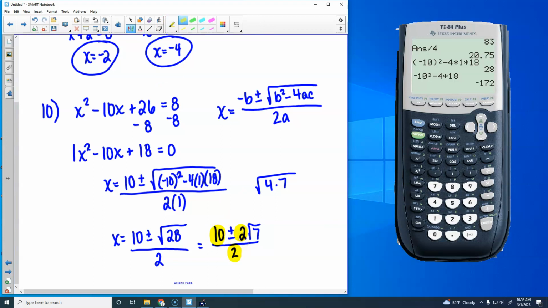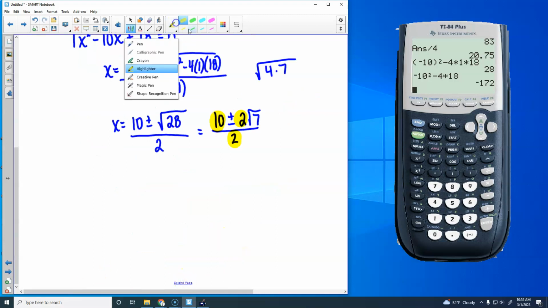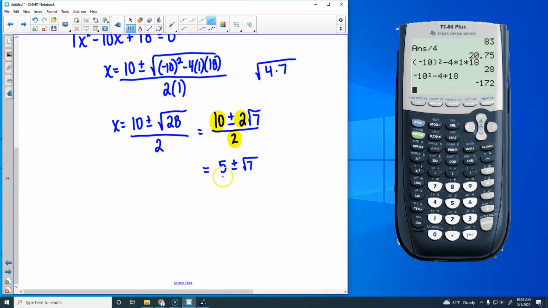All 3 of those numbers have to reduce. 2 will go into them. So if we reduce here, we will get 5 plus or minus 1 times the square root of 7 all over 1, which if you want to write those ones, you can, but they're unnecessary, so the best way to write this would be 5 plus or minus the square root of 7.